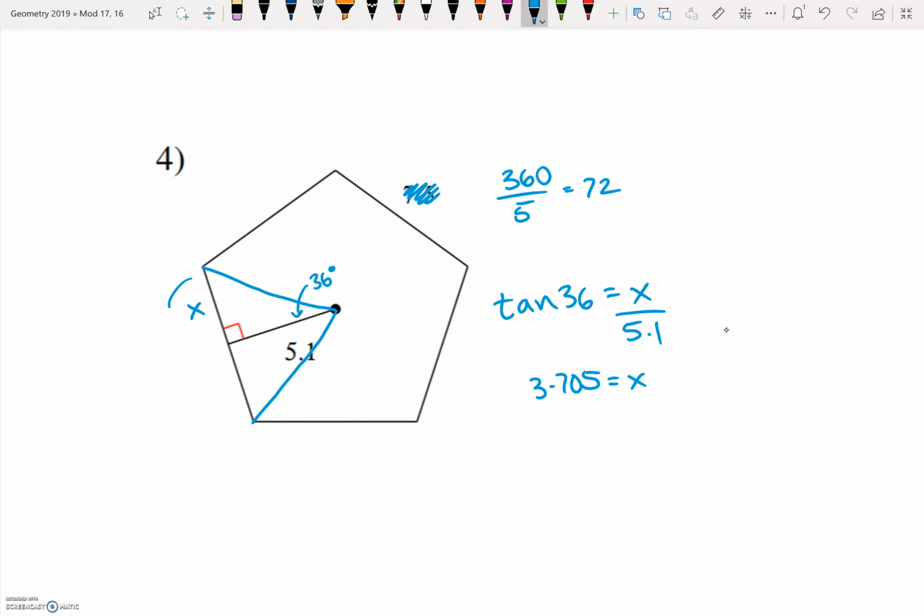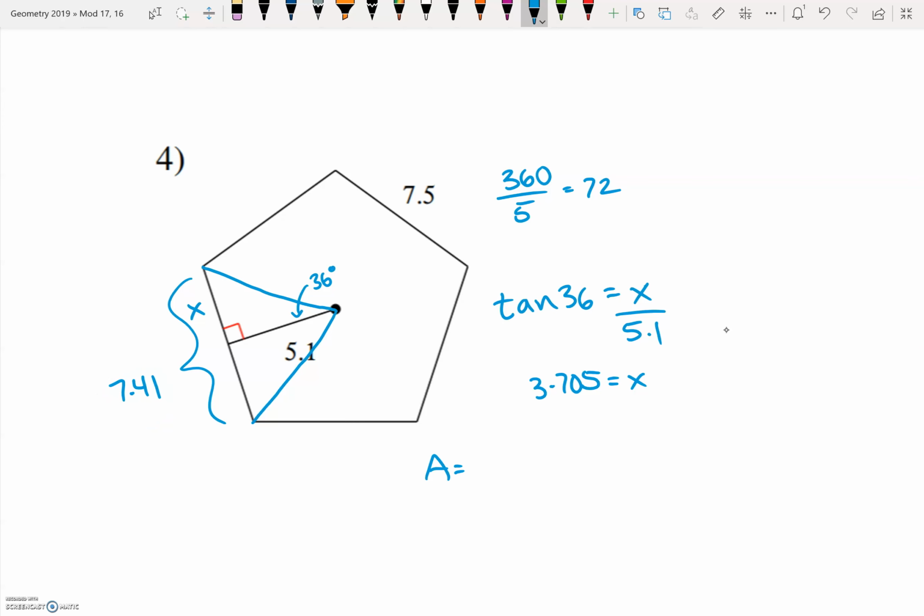Notice that in order to find out our side length, I will multiply that number by 2, and I get 7.41. Now, this number is not 7.5. So that means that this is a rounded answer, which means that if you use this side length, your answer is going to be a little bit off. This answer right here, 7.41, since we use trigonometry, is going to be way more accurate.